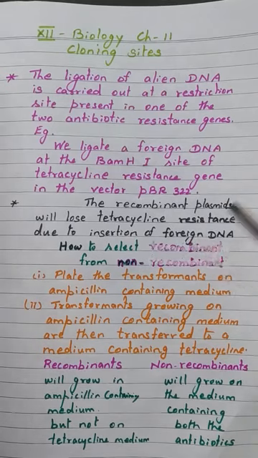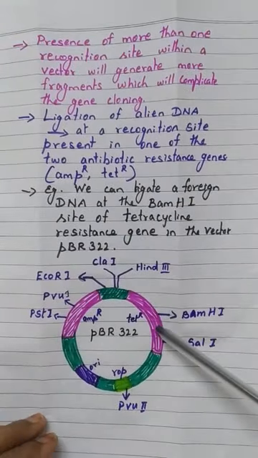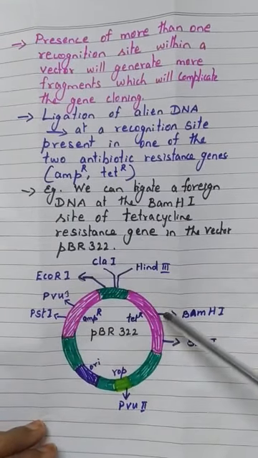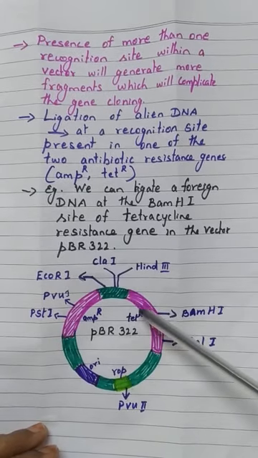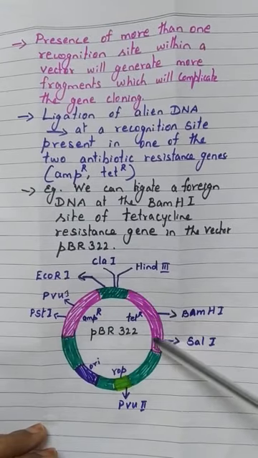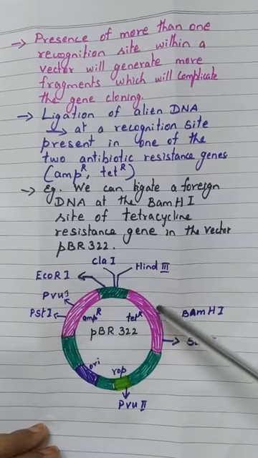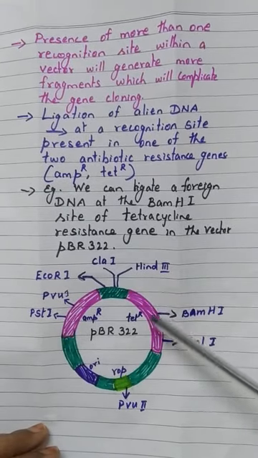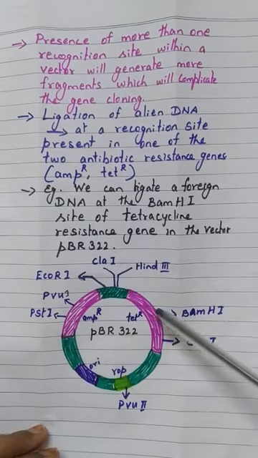For example, we ligate a foreign DNA at the BamHI site of the tetracycline resistance gene. This is the tetracycline resistance gene. It is the place at which we ligate the foreign DNA.